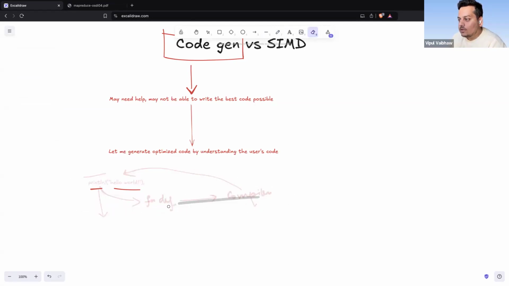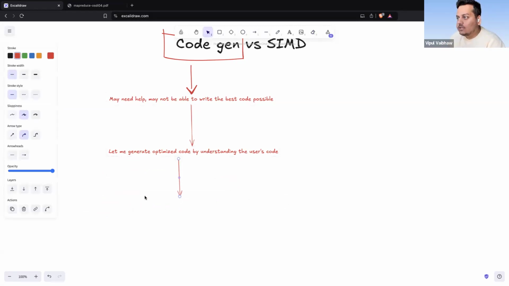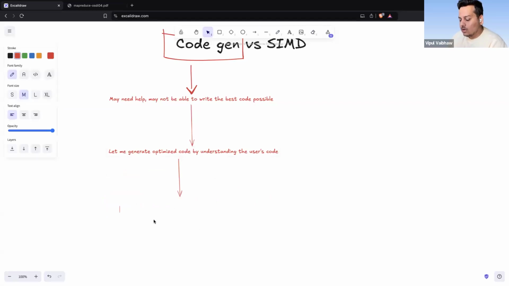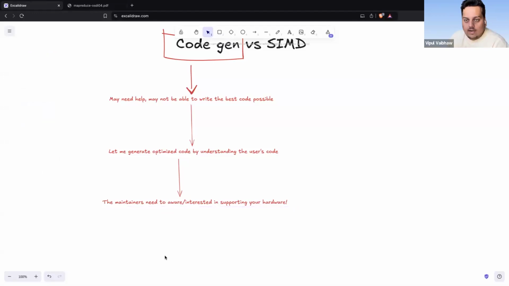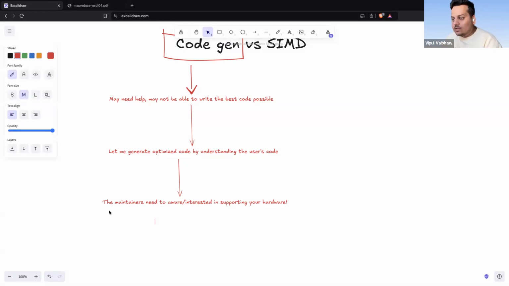So what was the major limitation of the CodeGen approach? The maintainers need to be aware of and interested in supporting your hardware, because you don't have control over things. Whatever you are writing, a lot of code generation and injection is happening, so everything is not transparent.